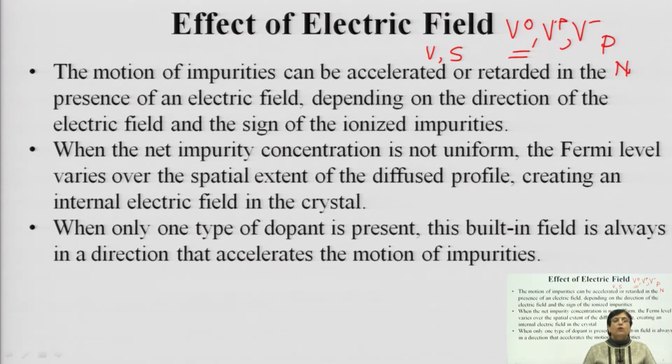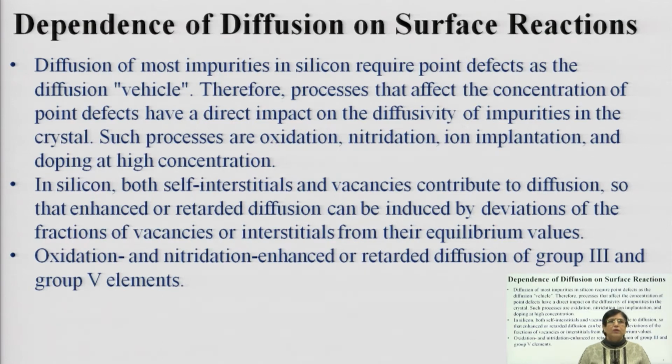Thirdly, when only one type of dopant is present, the built-in field is always in a direction that accelerates the movement of impurities within the bulk. The diffusion of most important impurities in silicon, like n type and p type, happens because of point defects.